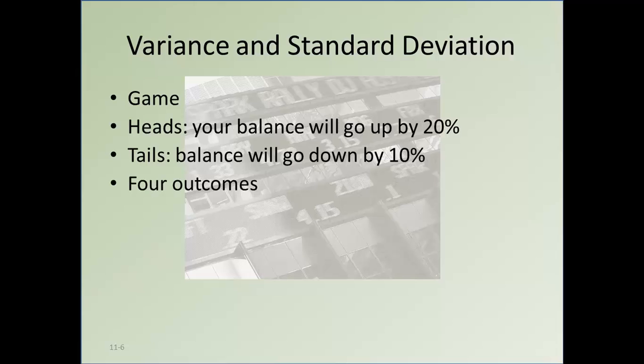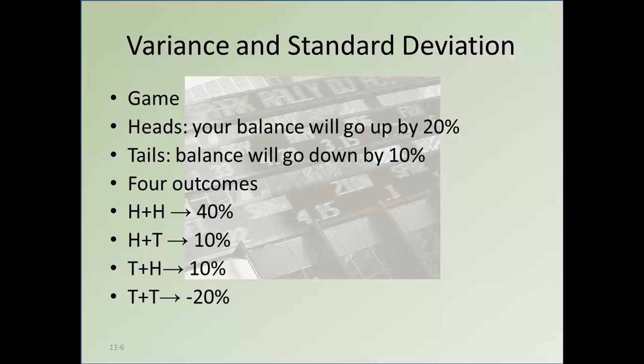The coin is tossed twice, and therefore there are 4 possible outcomes. Head-head, in which you end up with 40% more. Head-tails, in which you get +20 and -10, so +10%. Tail-head, in which you end up with again +10%, -10 and +20. And tail-tail, in which you end up with -20%. Both the times you lose 10%.